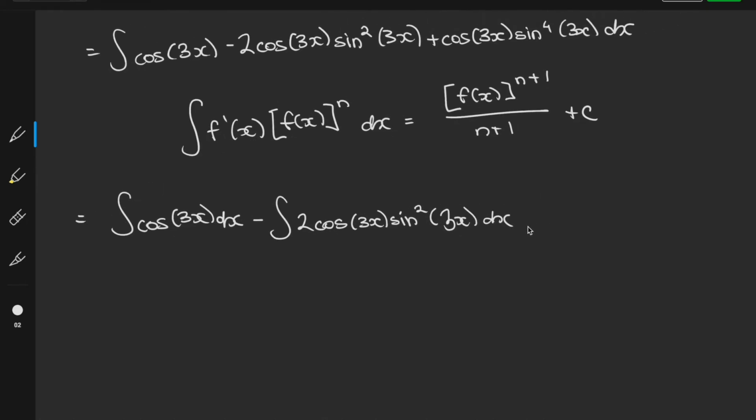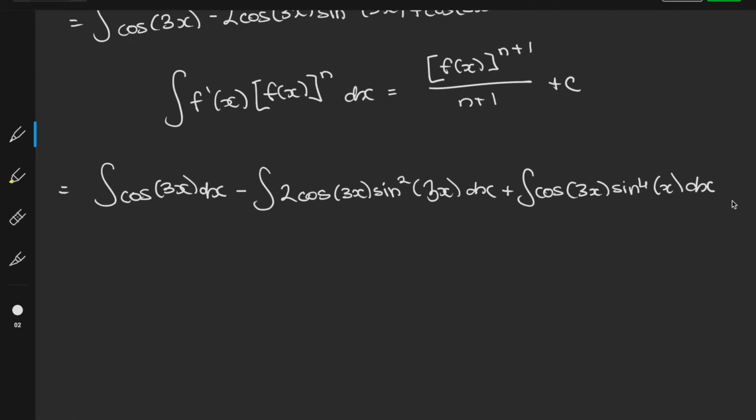And then we're just going to have this integral, which is cosine 3x sine to the 4. All right. So this is good. This is what we want.